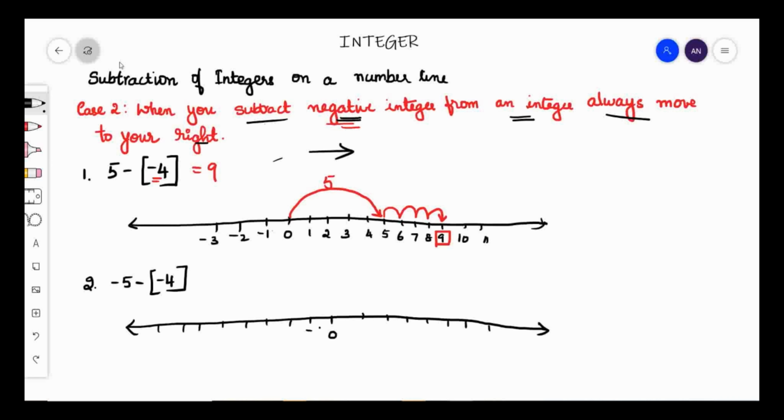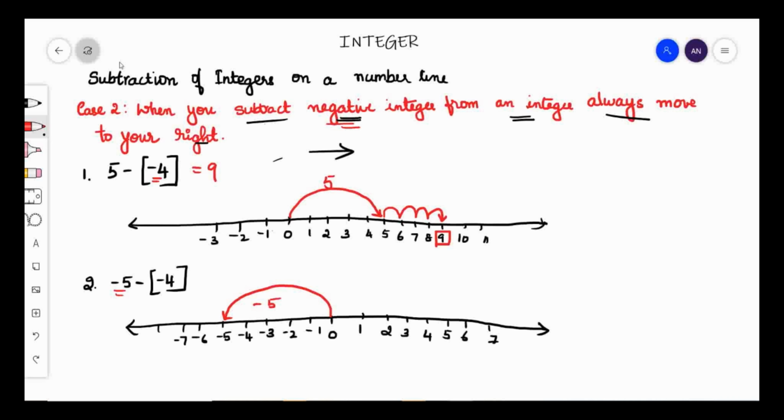Okay, minus 1, minus 2, minus 3, minus 4, minus 5, and so on. Now first we are supposed to go to minus 5. Minus 5 will be to your left. So from 0 go to minus 5. Okay, this is minus 5.